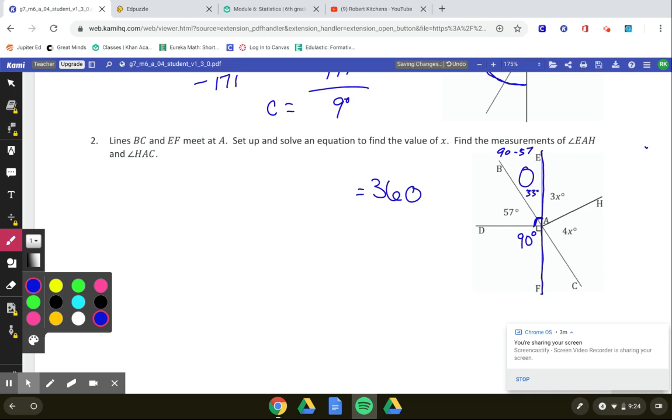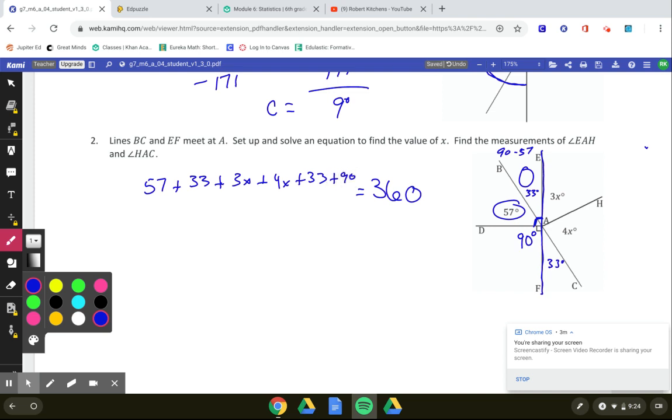Now I can write all those out together in my equation. I'm going to start here at 57. So I have 57 plus 33, because that's what I found just now, plus 3x, plus 4x, plus 33, because again, this is also 33 because they're vertical angles, plus 90 equals 360.